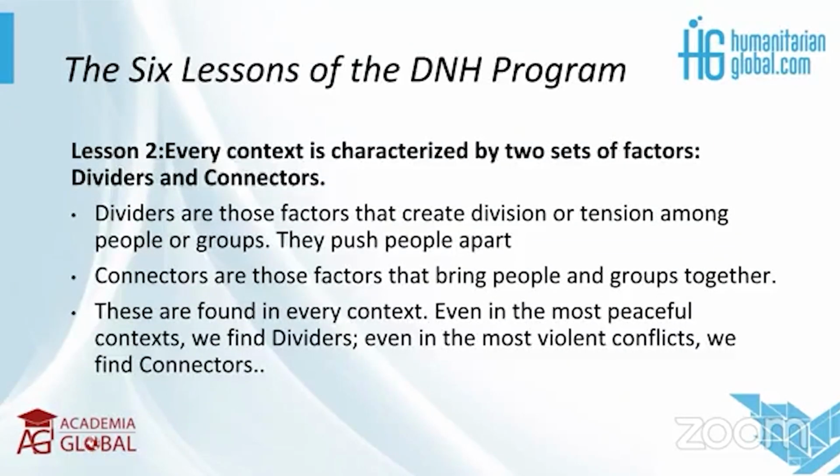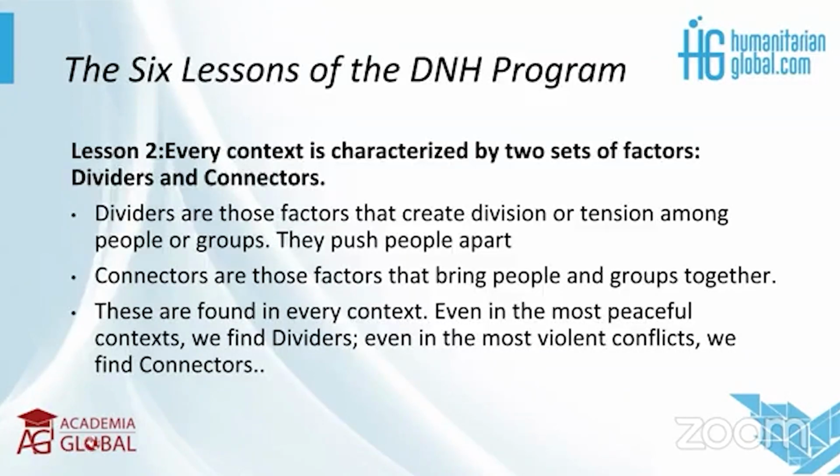Lesson number 2, every context is characterized by 2 sets of factors, what we call dividers and connectors. So in every context that we are working, there are those factors that will create division or tension among people or groups. Those things that push people apart are what we will refer to as dividers. So you might go to a particular community where values are the things that are pushing people apart.